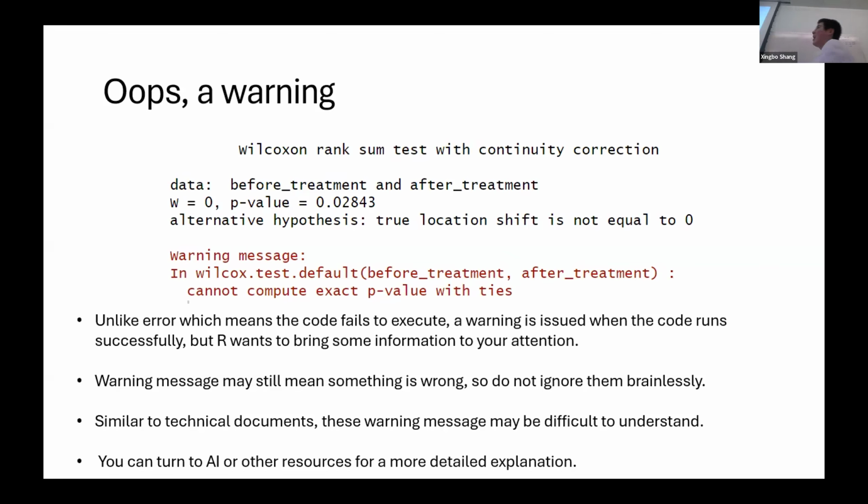So for those of you who do not understand, this is the probability that the two data sets are actually the same, which means before treatment and after treatment are the same, which means your drug doesn't work. Yes, it's that cruel. But it's always a probability.